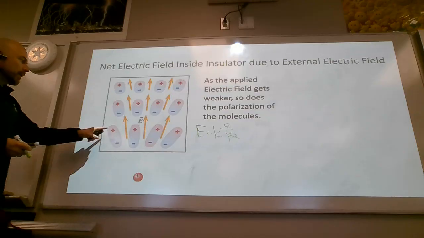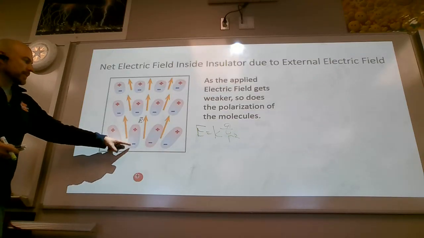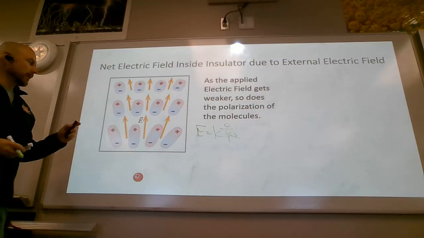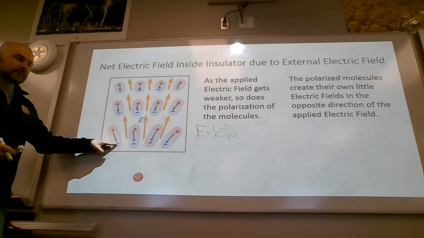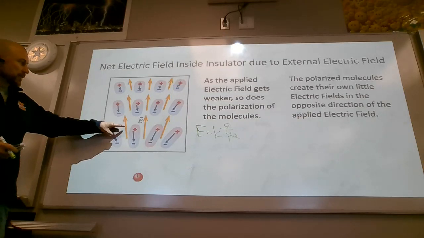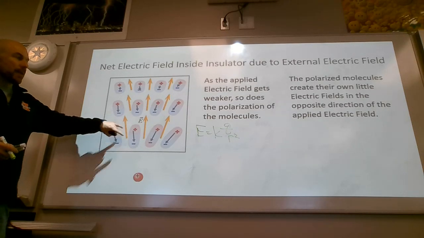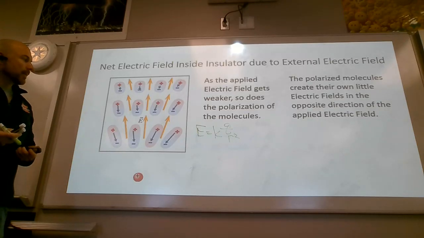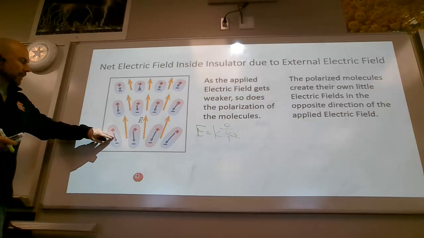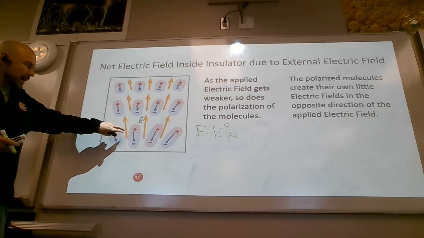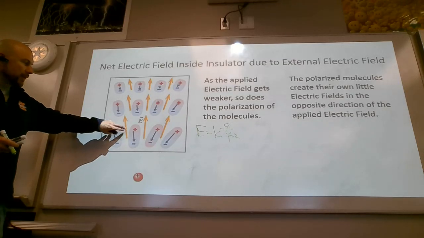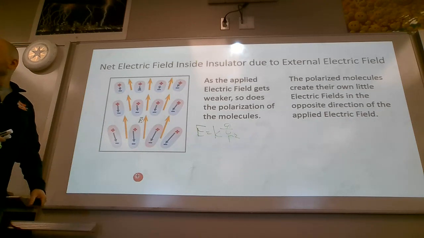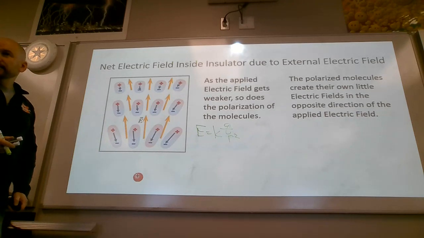Now, these molecules set their own electric fields up, out of positive into negative, which is in the opposite direction of the external field. But this polarized field is not strong enough to counteract the external field.